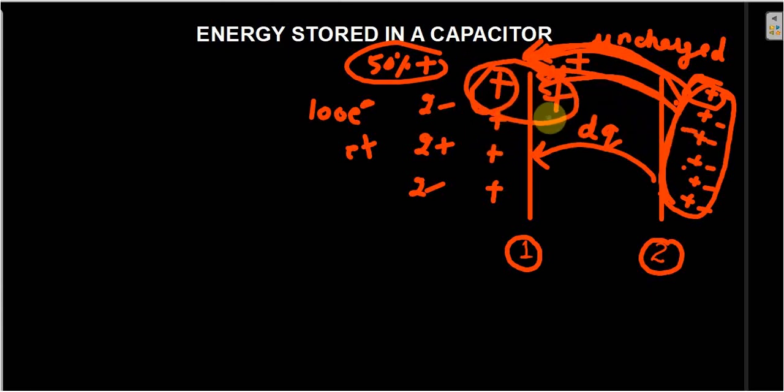Because of that these charges feel repulsion, but we want to transfer the charge from plate 2 to plate 1. It means we need to do some work. That work is stored in the form of potential energy in the capacitor.